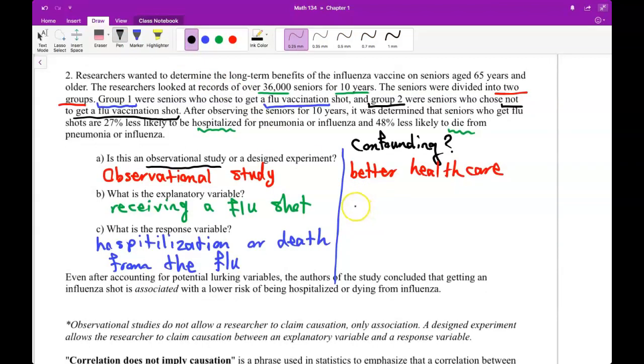Let's have another one for lurking variables.